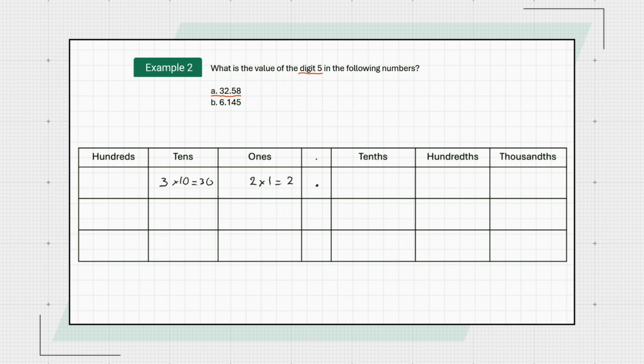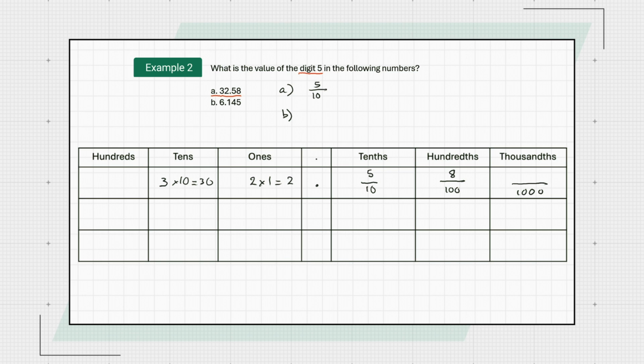The decimal place. Past here, everything's fractional. So first out of 10, then out of 100, and then out of 1,000. So the 5 is 5 tenths, and the 8 is 8 hundredths. So the answer, A, is 5 out of 10.